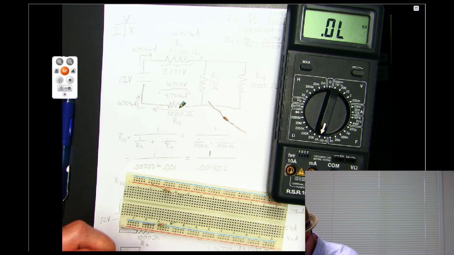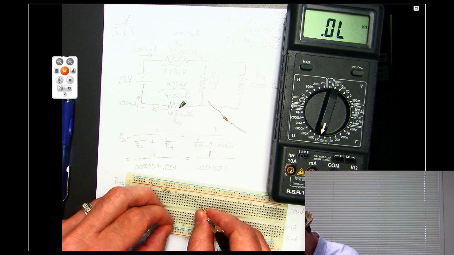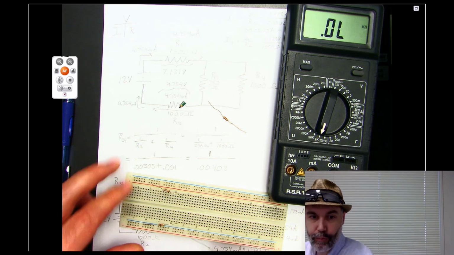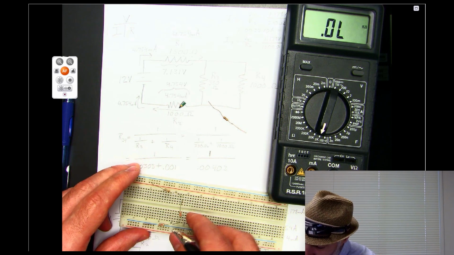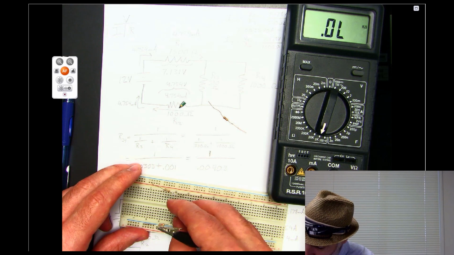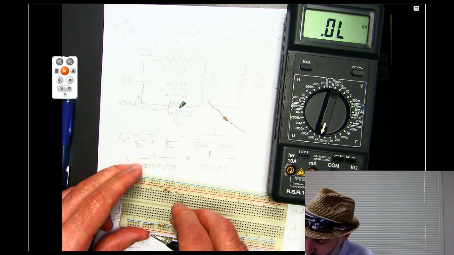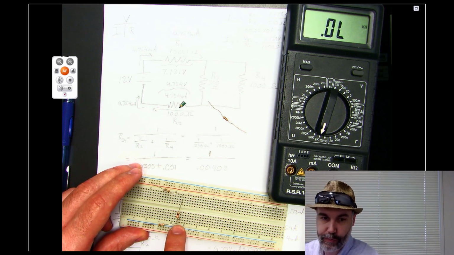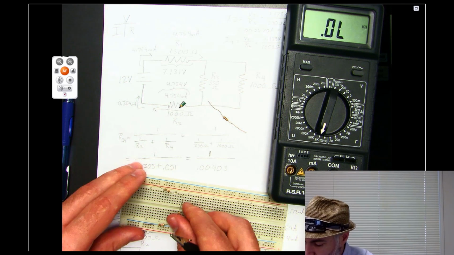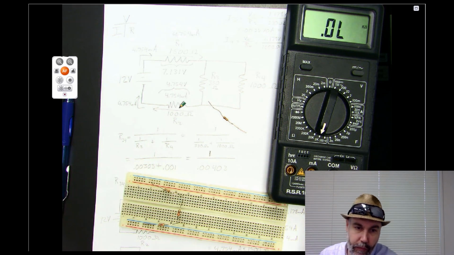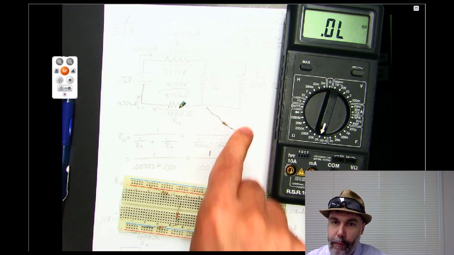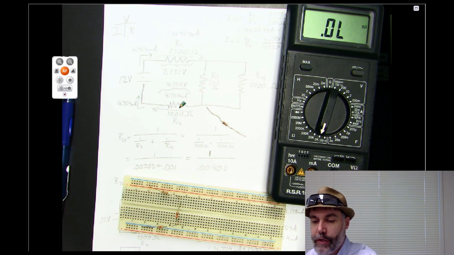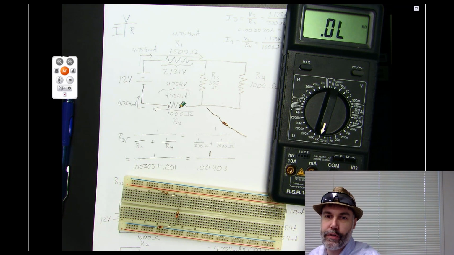So for this one, I'm going to put it in the board so that one end of the resistor is in the same row as the top resistor, and then the other end is in the same row as this bottom one, okay? And then the final resistor here should be my last resistor in my circuit, which is a 1,000 ohm resistor.